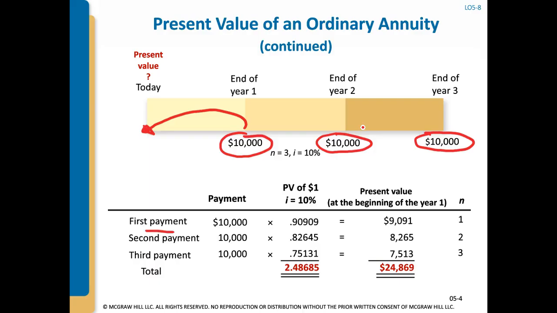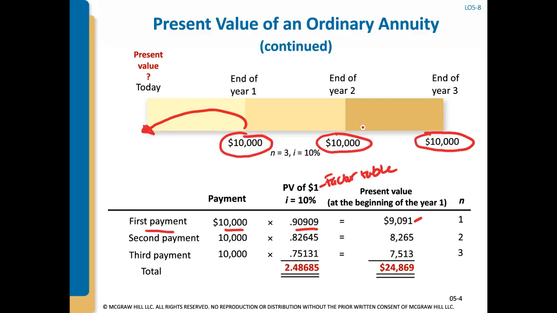Here's our present value of $1, and this tells you which factor table to use. Using the right factor table is crucial to getting these problems correct. And so the present value of this $10,000 is $9,091.